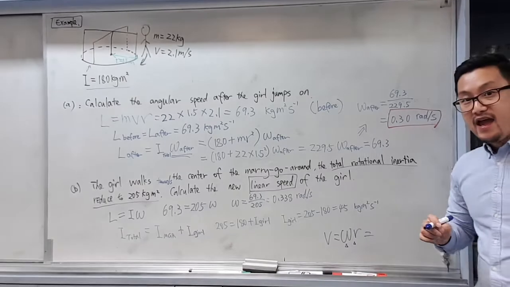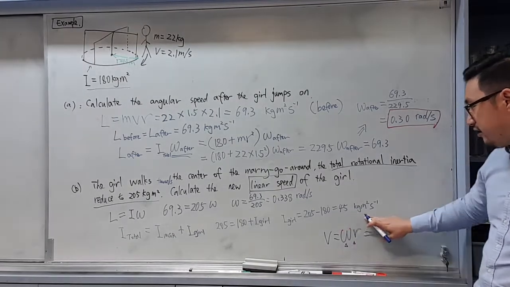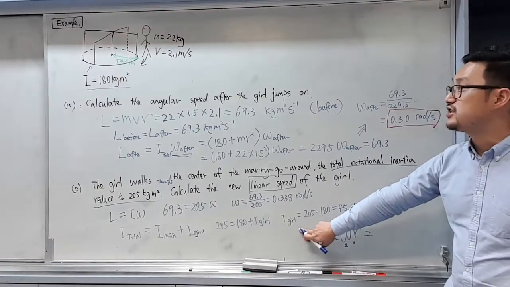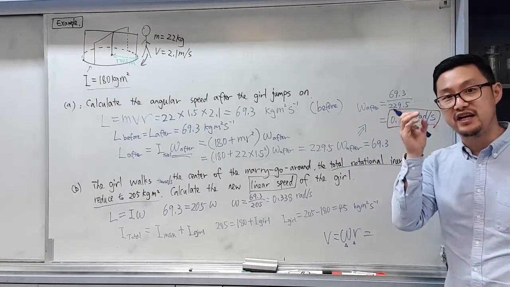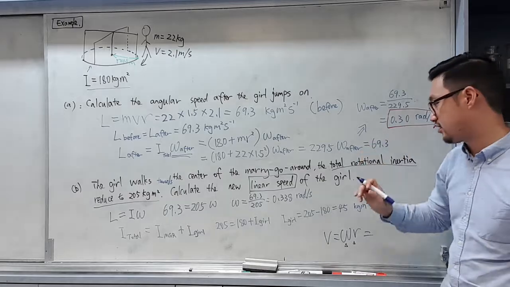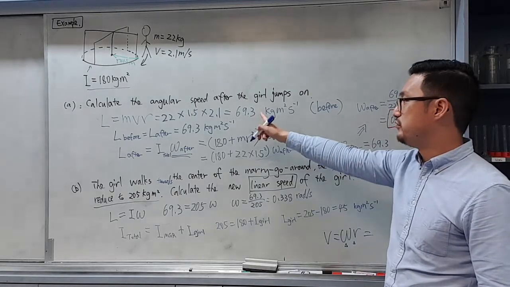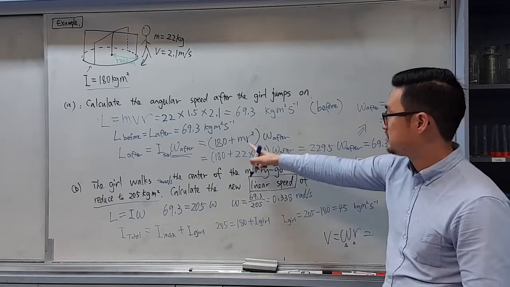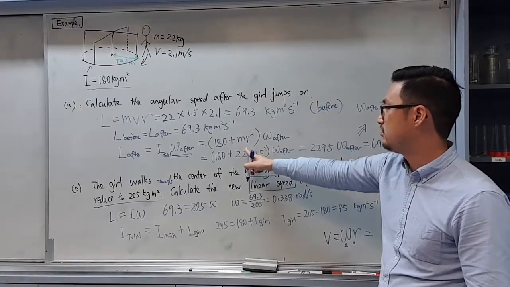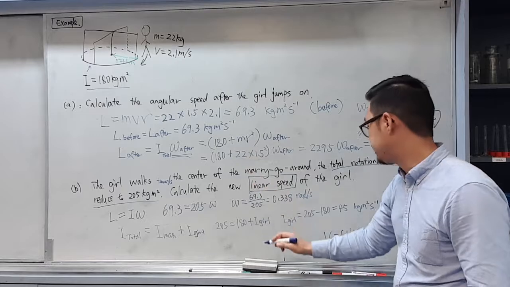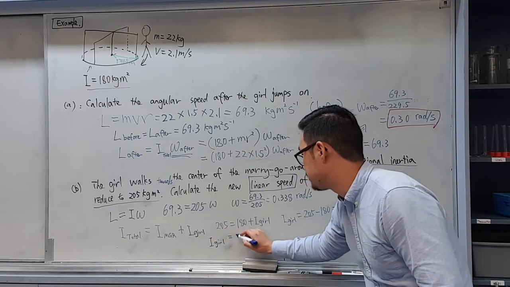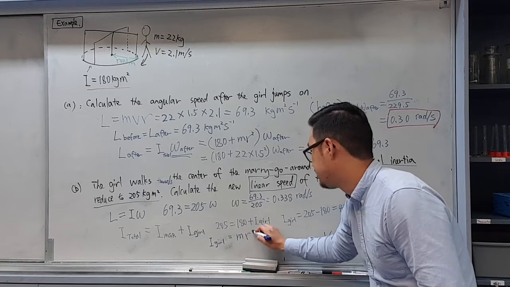Now we know the girl's inertia. Where does this inertia come from? We can still consider the girl as a point mass going in a circle. Did we use it before? Oh yes, here. mr squared, that's the girl's inertia. We still use the same equation. Now I girl is going to equal mr squared.